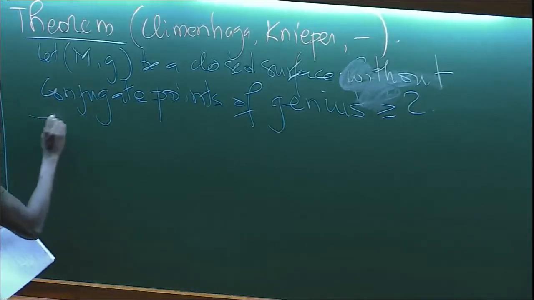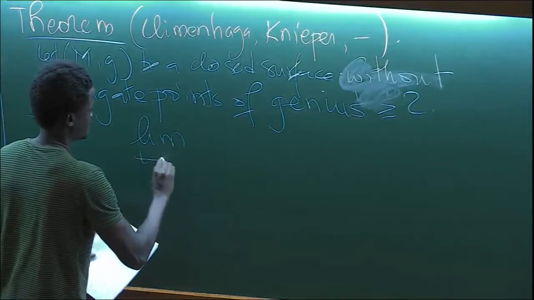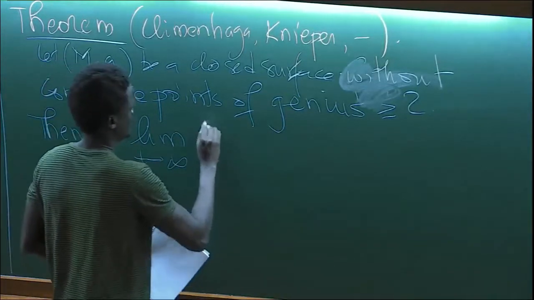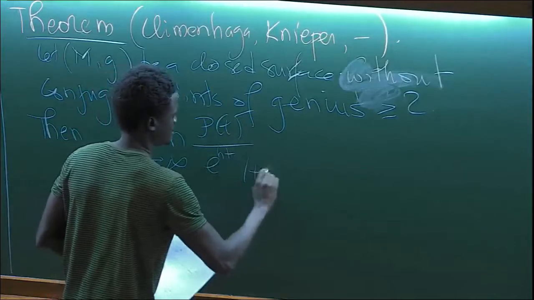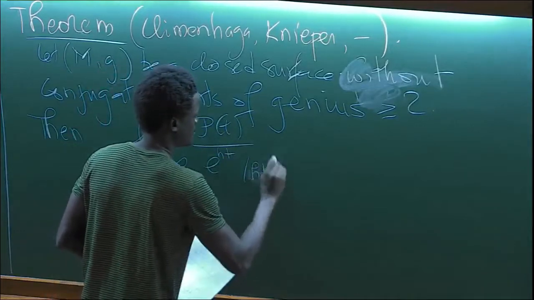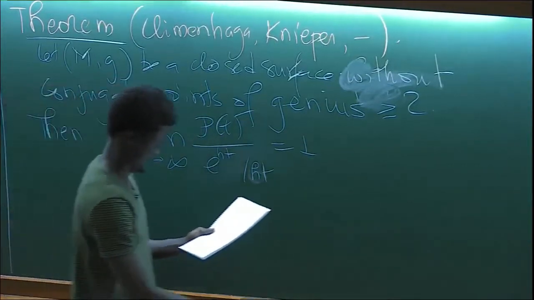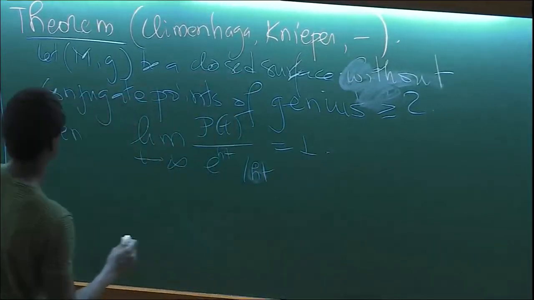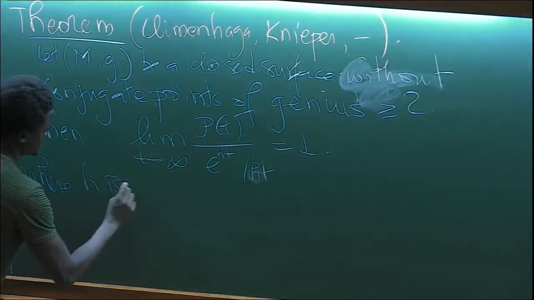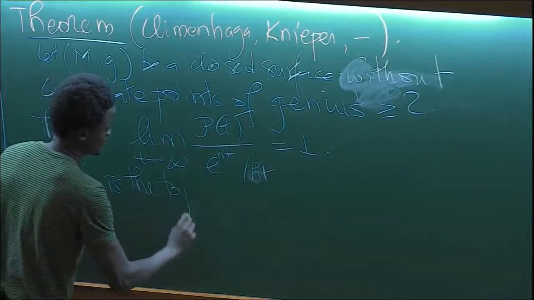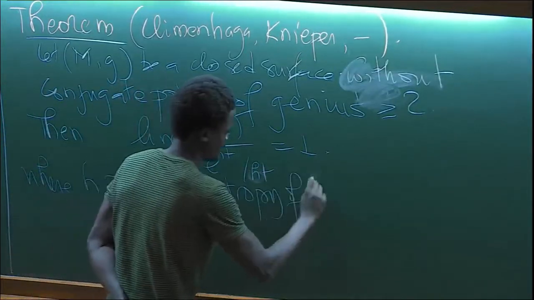Then you have this limit: when T goes to infinity, PT over e^(hT) over hT equals 1, where h is the topological entropy of the geodesic flow.